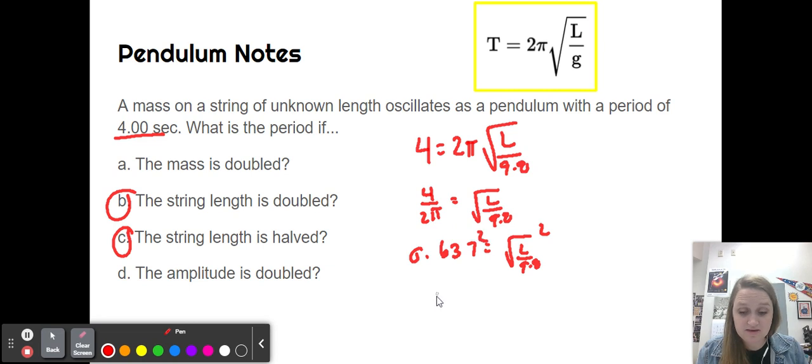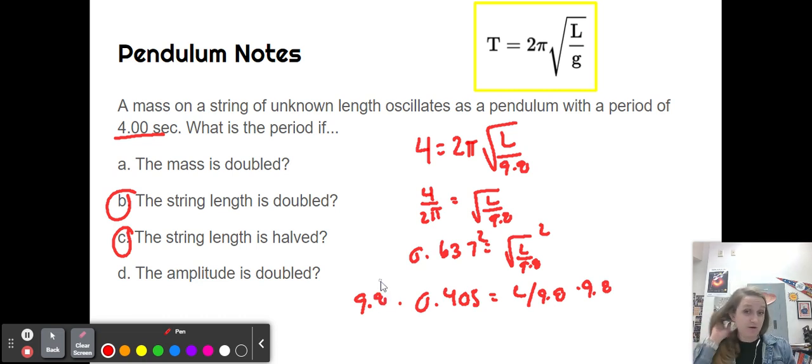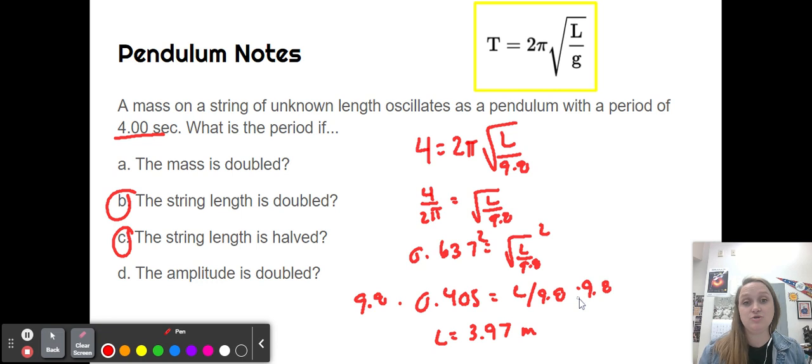That gets 0.405 equals L over 9.8. And then we just have to multiply each side by 9.8. So if I had a period I wanted to come up with, and I needed to know what string length I wanted to make that period, I could do this. This is 3.97 meters. That's my original length of my string. So L equals 3.97 meters.